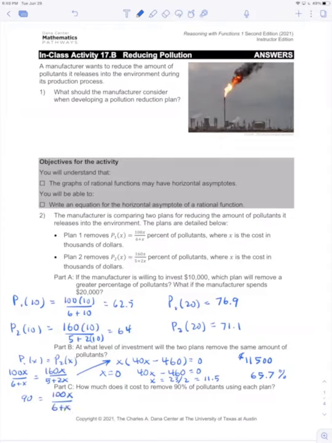If we solve this for x, we would end up getting x is equal to 54. And again, that's in thousands. So this would end up being $54,000.